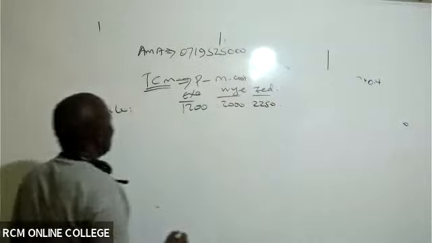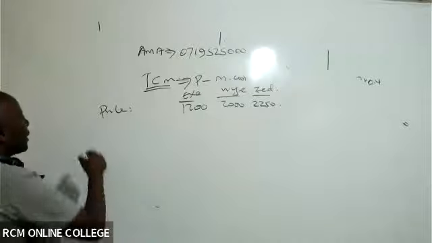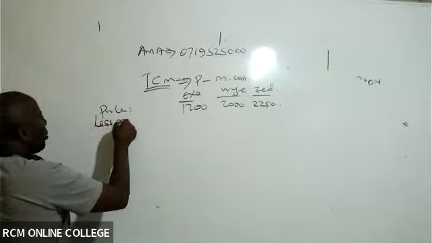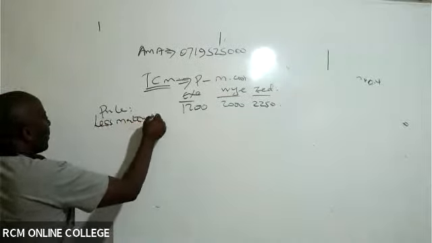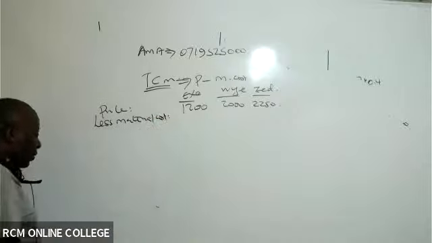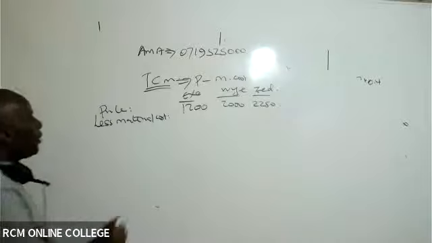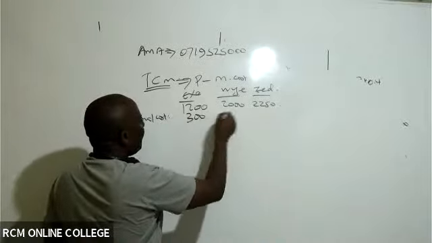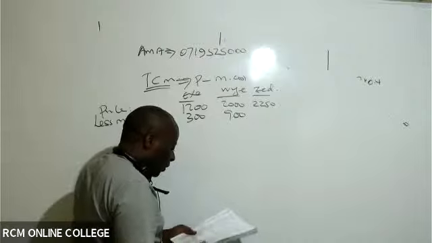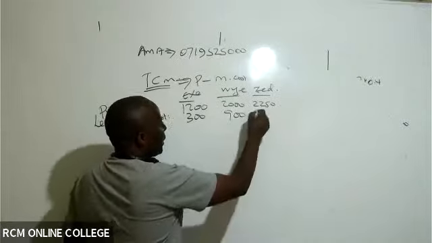Thank you very much. So we'll deduct only material costs. What do we have here for material cost? I can see direct materials: 300, 900, and then we have 600.